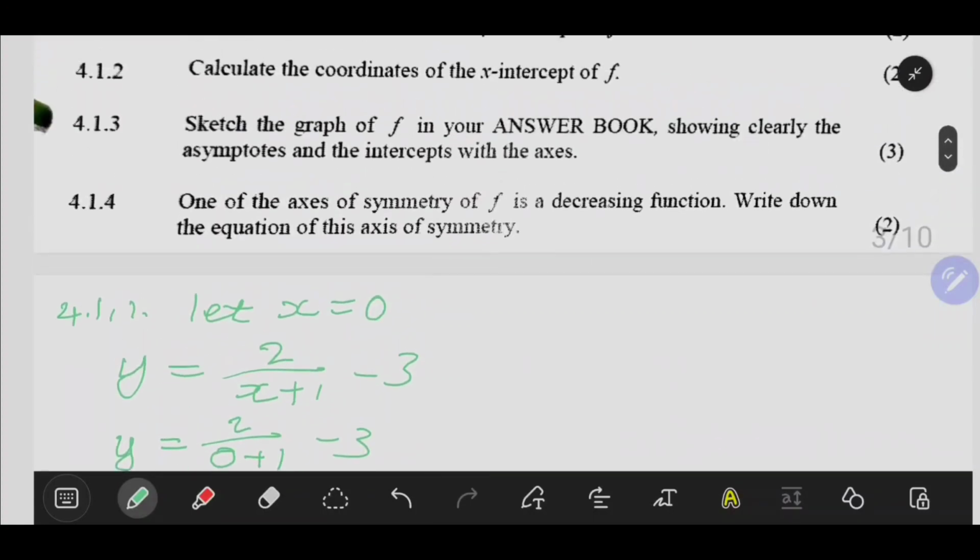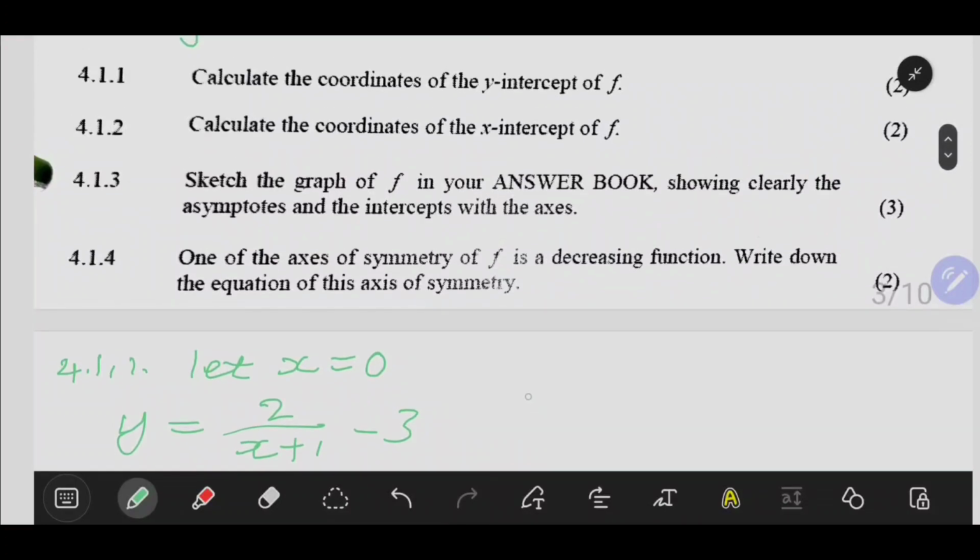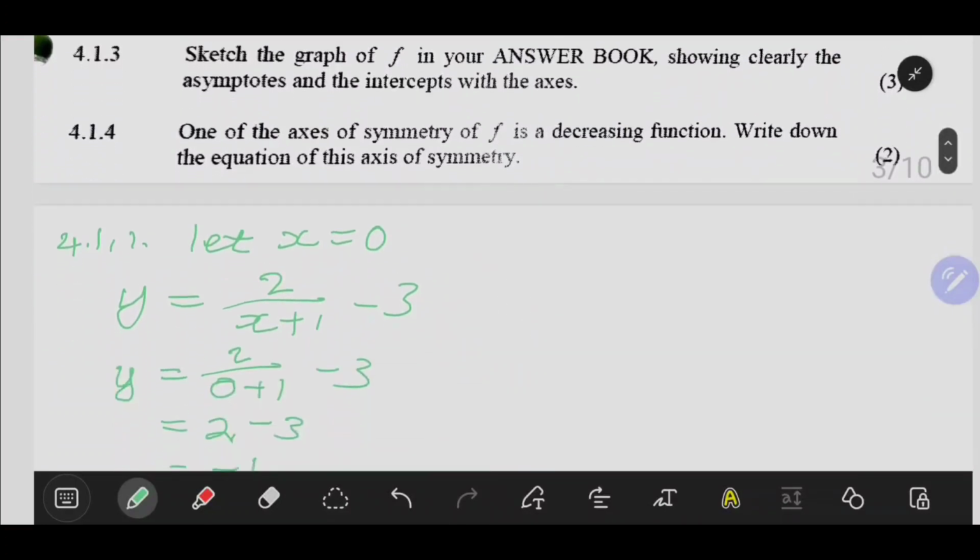y-intercept. And then the second question says calculate the coordinates of the x-intercept of f. Then it's 4.1.2. We know that when we calculate the x-intercept, we let our y value become 0.